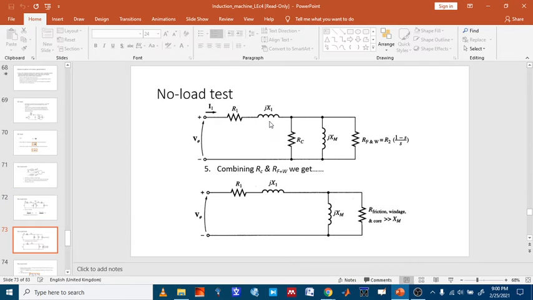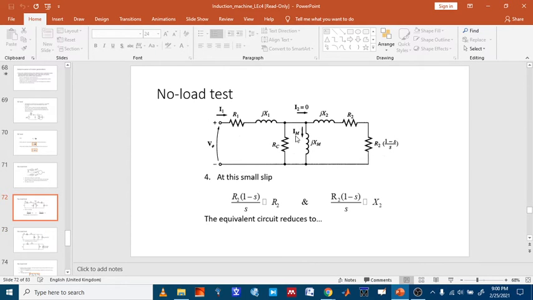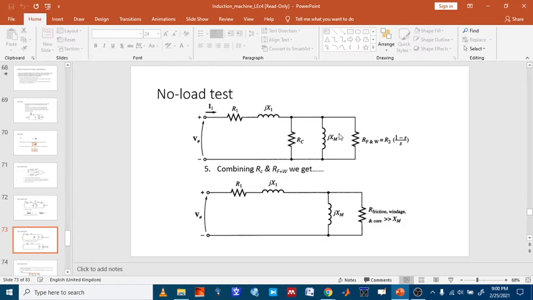So this equivalent circuit will be reduced to this form. Do you get it? And this section constitutes the friction and windage losses, because there is no load connected to it.